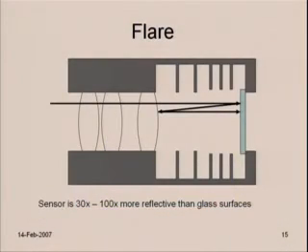So this is the coating part of the problem. As Jim was pointing out, the big problem in all this is the sensor. The sensor is vastly more reflective than the glass surfaces. And my understanding is that CCD reflectors are differently reflective than film.